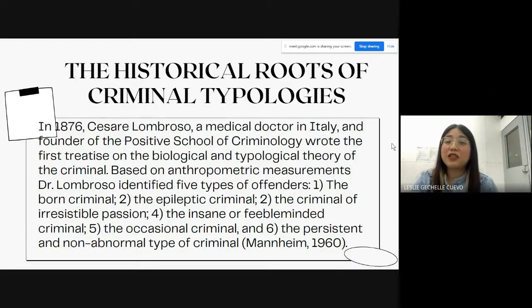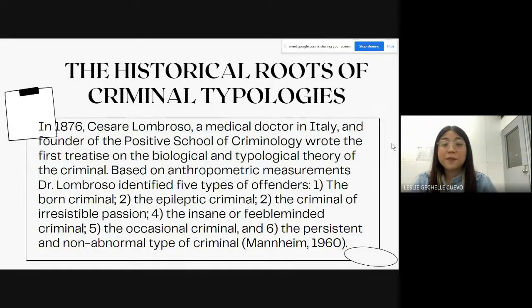So based on anthropometric measurements, Dr. Lombroso identified 5 types of offenders: the born criminal, the epileptic criminal, the criminal of irresistible passion, the insane or feeble-minded criminal, and the occasional criminal, and the persistent and non-abnormal type of criminal.